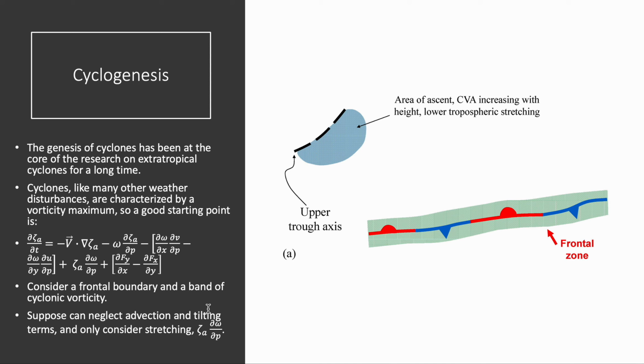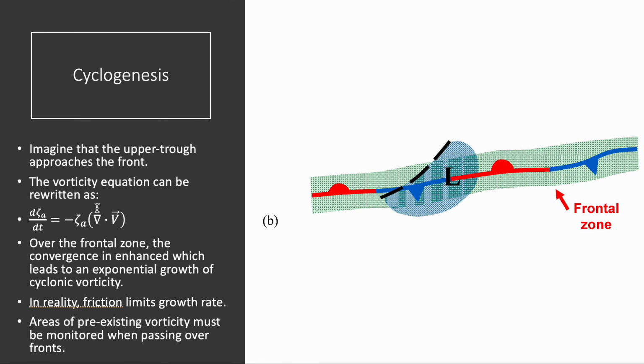And particularly if we consider the mass continuity equation, we can always rewrite that term as a convergence of horizontal velocities. And this is what the equation looks like. And notice the Lagrangian derivative over here.